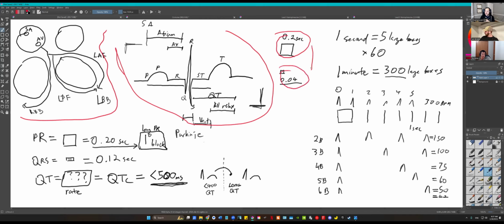And then from here, you can figure out that 1 minute is 300 large boxes. And if you can remember some key numbers, you can start knowing abnormals. And the rest is just chicken scratch while I'm trying to explain stuff.